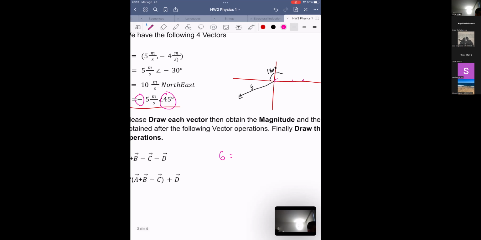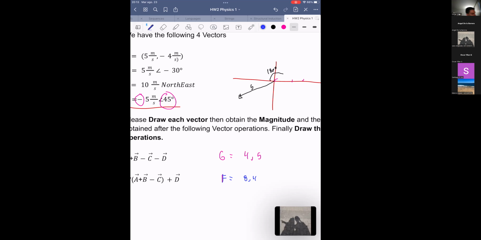Vector G has the components 4 and 5. And vector F has the components 8 and 4, right?